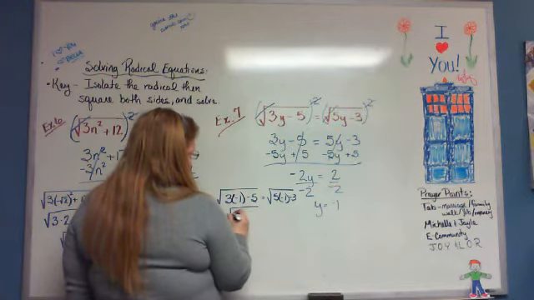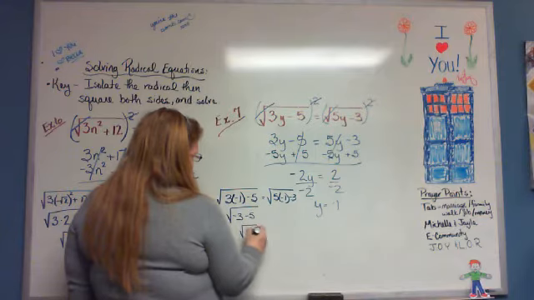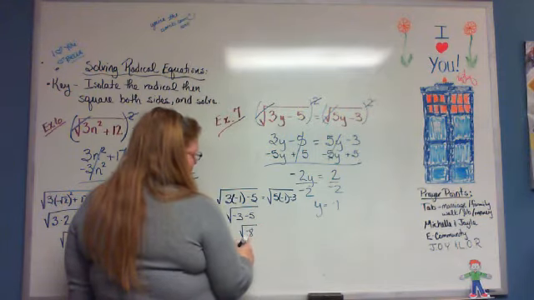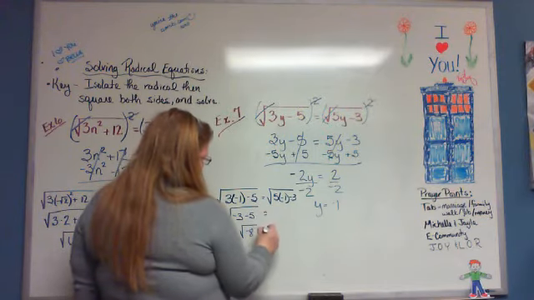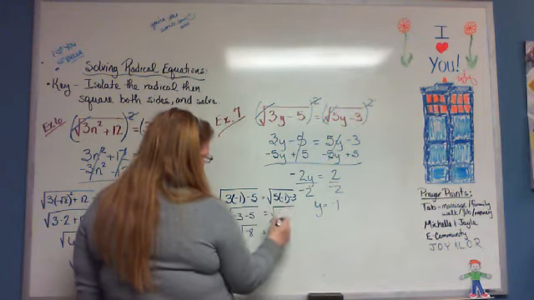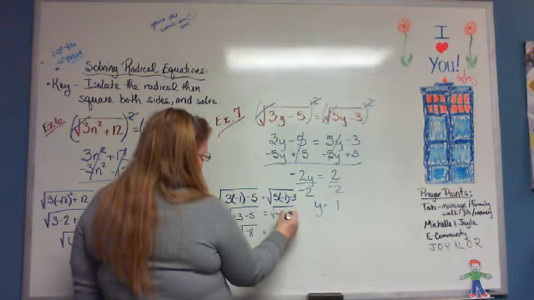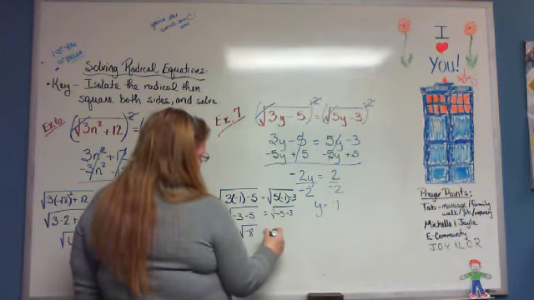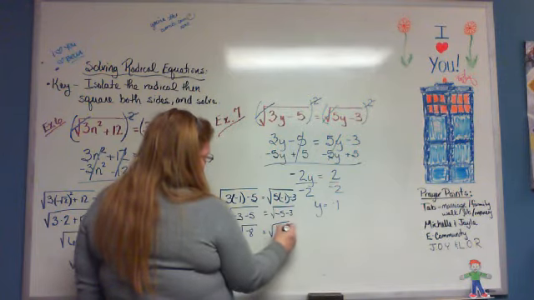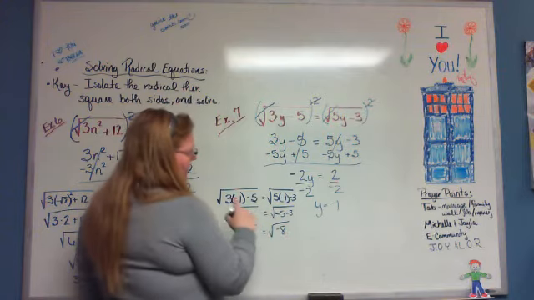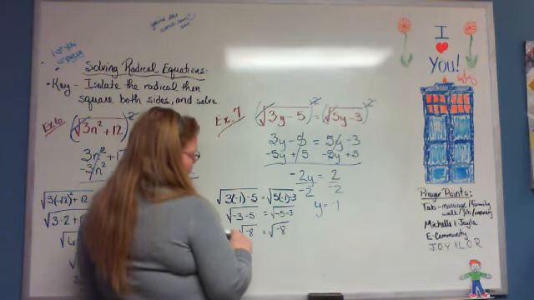So that's going to give me the square root of negative 3 minus 5, which is the square root of negative 8, which you can't have. 5 and negative 1 is negative 5 minus 3, which is the square root of negative 8, which you can't have, but I'm going to say that it's okay.